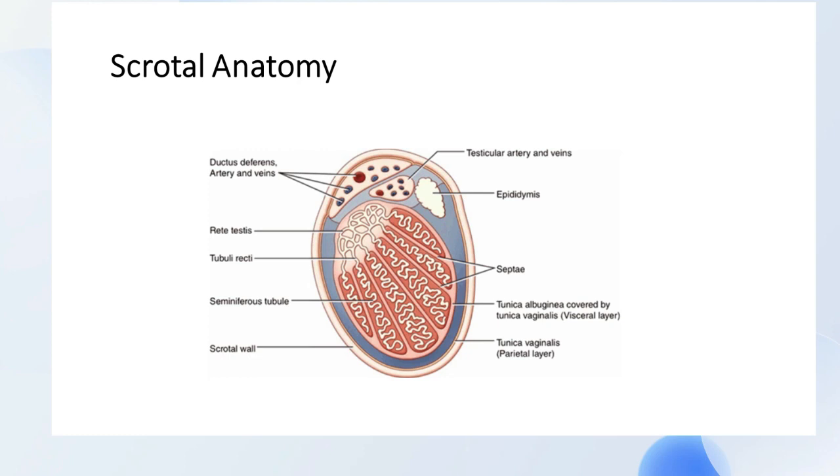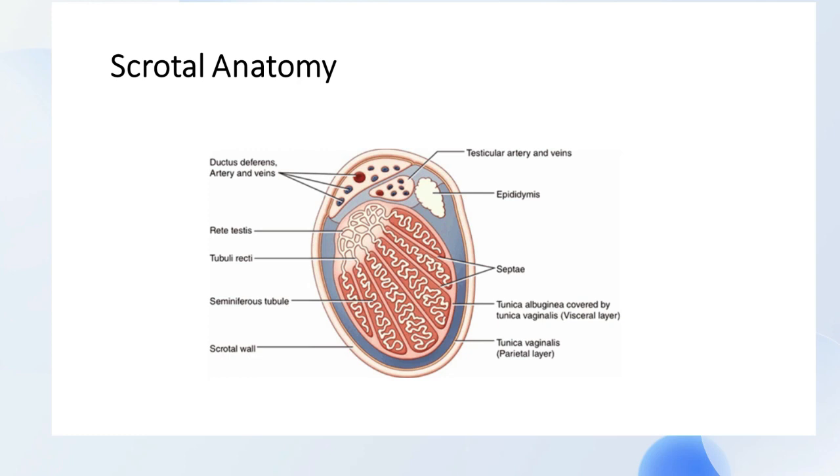This is the rete testis, which also confers stability to the different lobules that we have there. But this anatomy, as I said before, is very difficult for you to visualize, without any pathological entity, the seminiferous tubules on ultrasound scan.